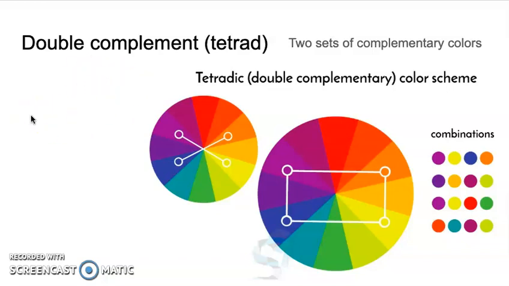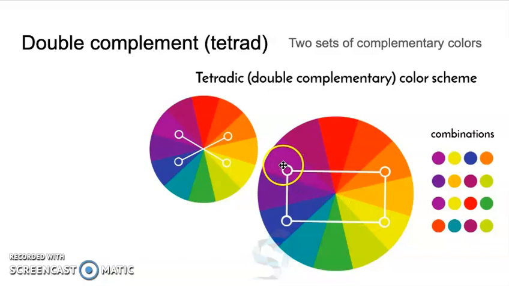The last one is, second to last one is double complement or tetrad. Tetra meaning 4, double meaning 2, complement you know is a pair, so 2 pairs of 2 or a set of 4. You can combine any number of complementary color sets, right?